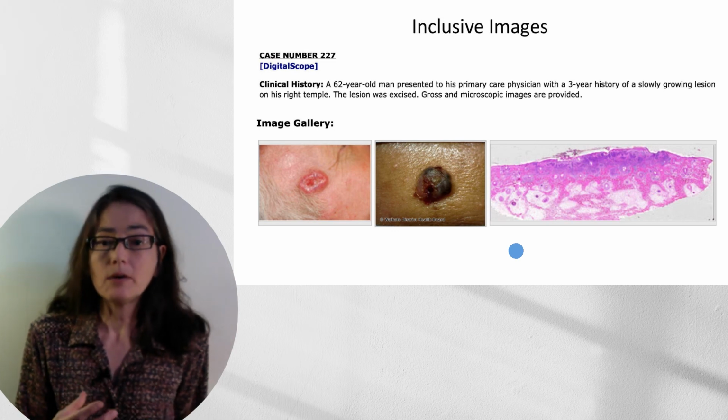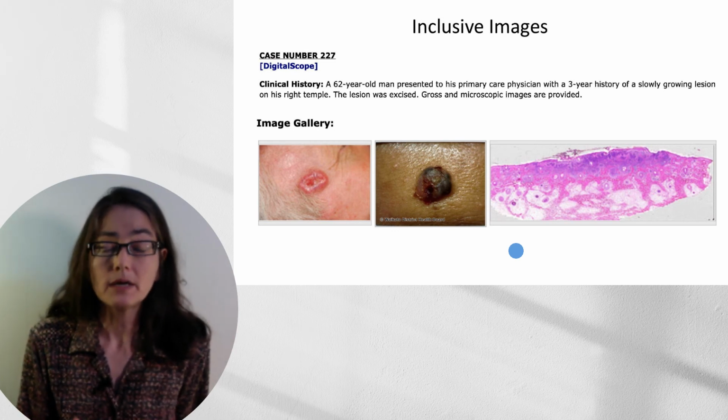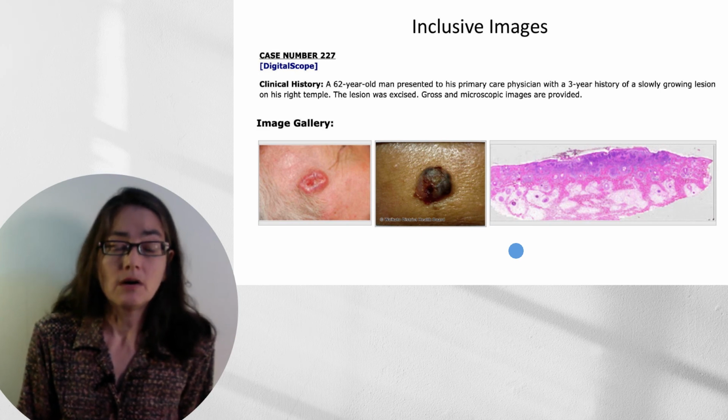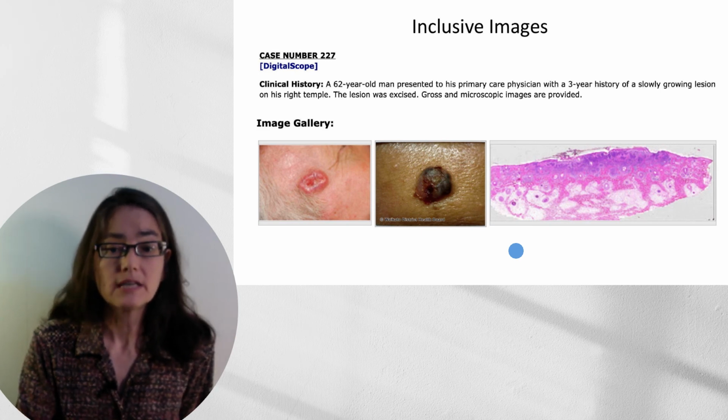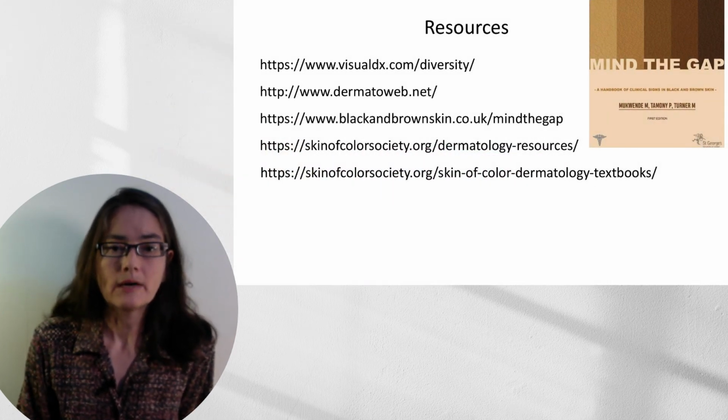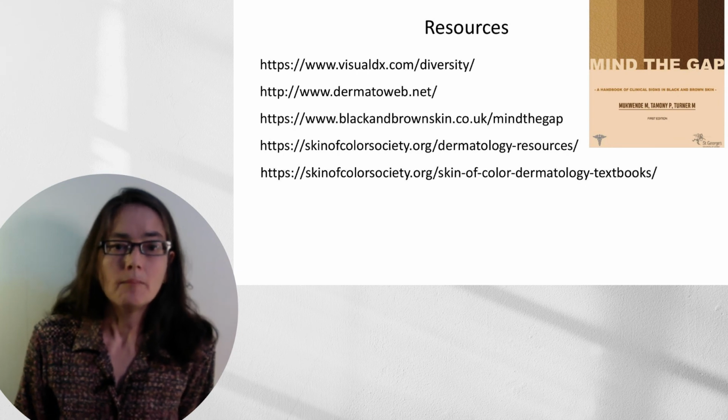Now, you may be saying, where do I find these? It is so ingrained in medical education, or in medicine in general, that it can be hard to find images of lesions in dark skin types. So I'm providing a list of resources, and I will put them in the comments below so you can just click through. Mind the Gap is at blackandbrownskin.co.uk.